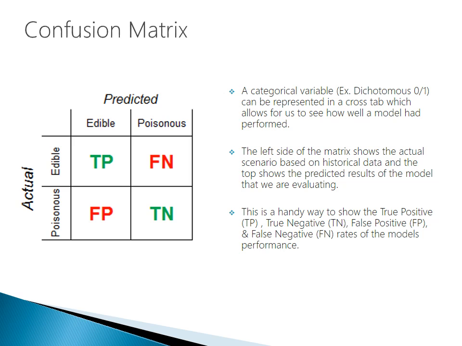This is a handy way of showing the true positives, the cases in which we have actual edible mushrooms and we're predicting edible mushrooms, against the true negatives, actual poisonous mushrooms that we're predicting are poisonous, against the false positive and false negative rates for the model's performance.